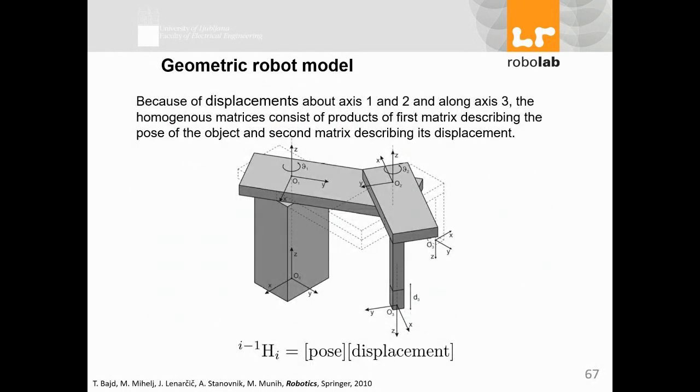Because of the displacement about axis 1 and axis 2 and along axis 3, the homogeneous matrix consists of the product of the first matrix describing the pose of the object and the second matrix describing the displacement of the object. So again, we build a sequence of homogeneous matrices to describe the transformation between links and between rotations and joints of the robot.